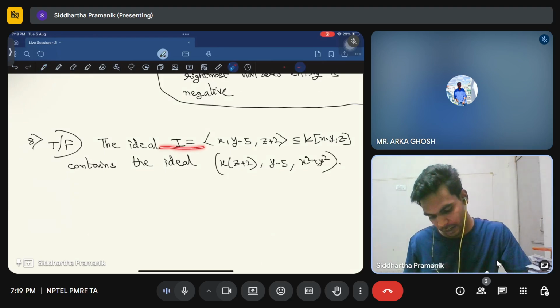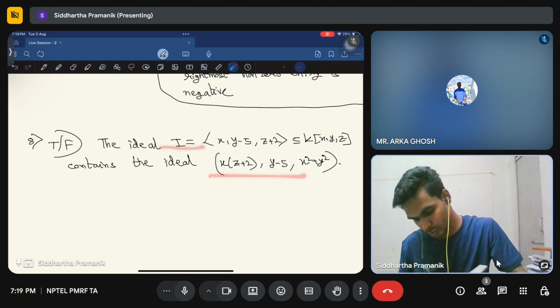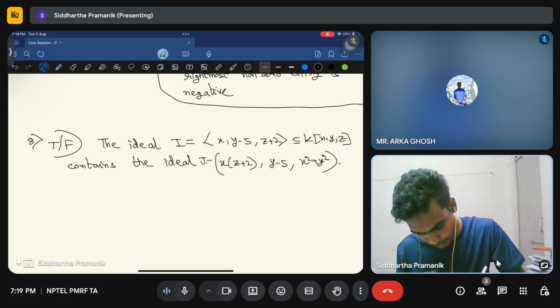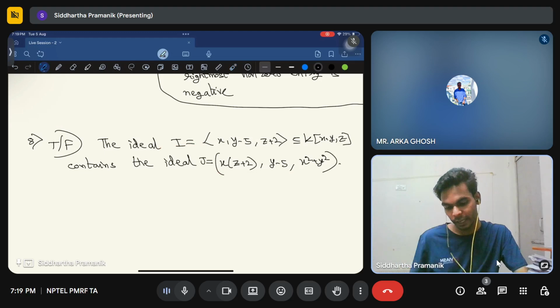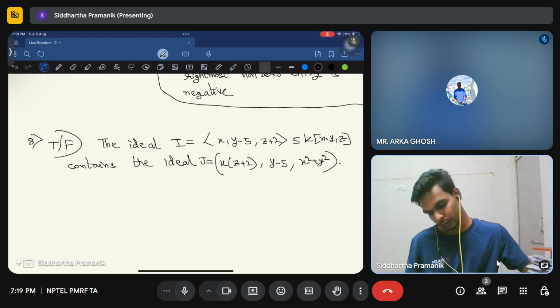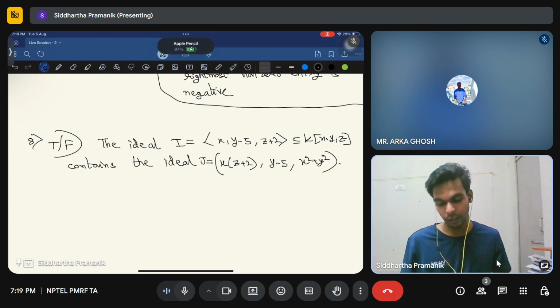So this ideal I contains this ideal. Let's put a name for this: J. So does I contain J or not? Try to think about this for a few seconds.